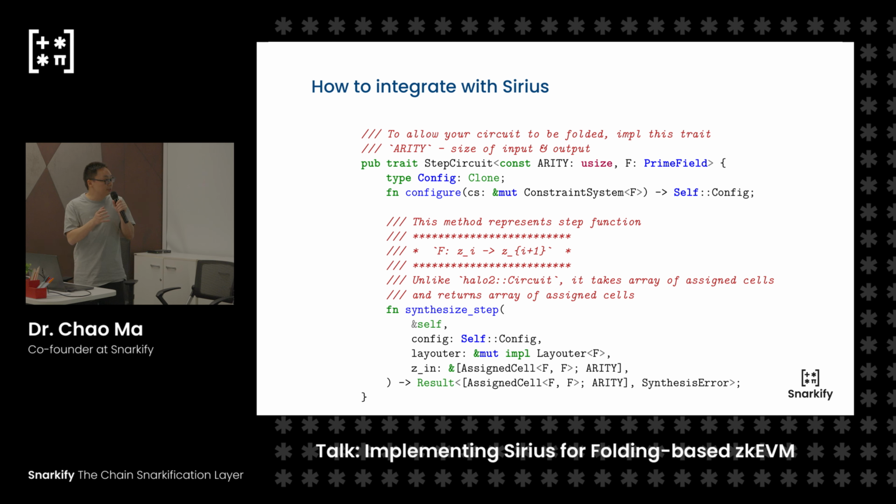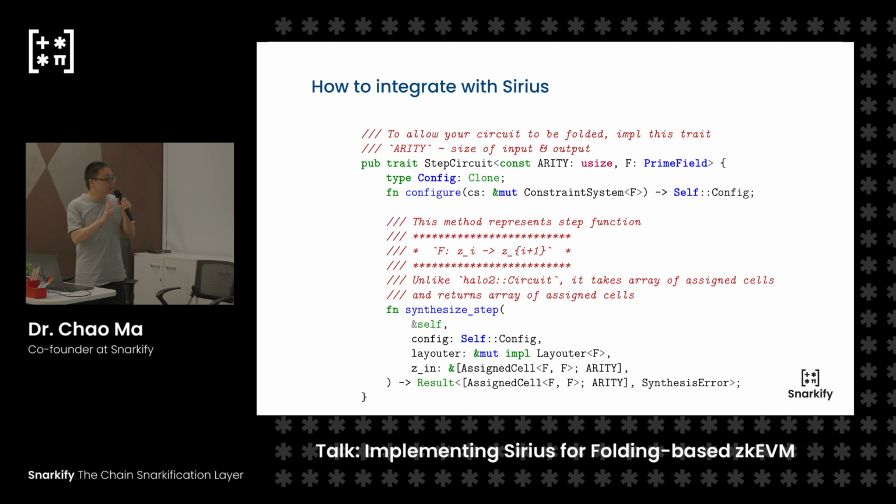The difference is that in the synthesize function, you have two inputs, the config and the layouter. But in our synthesize step function, you fill in the z in and z out, which are the state in and state out. Because as IVC, you have to define your state input and state output, and the function f will be that circuit.